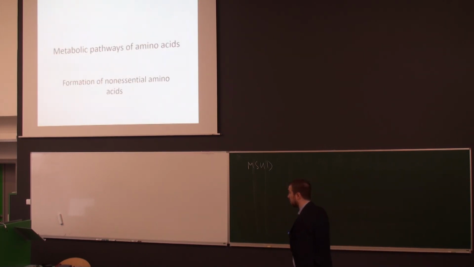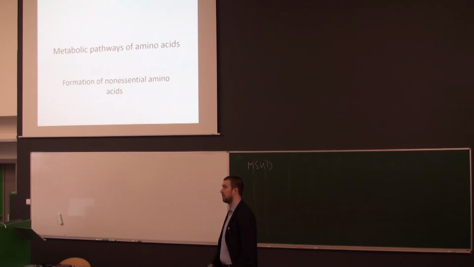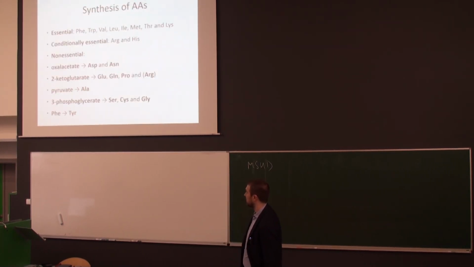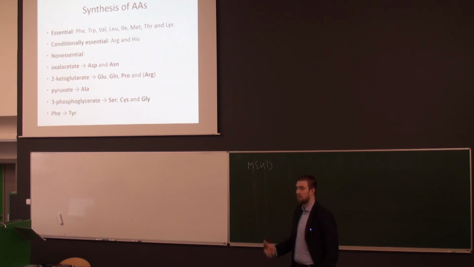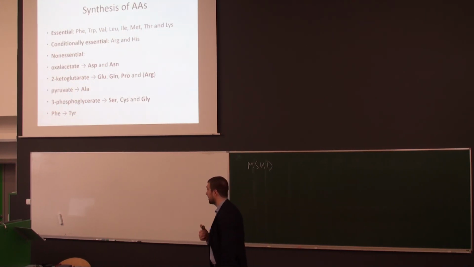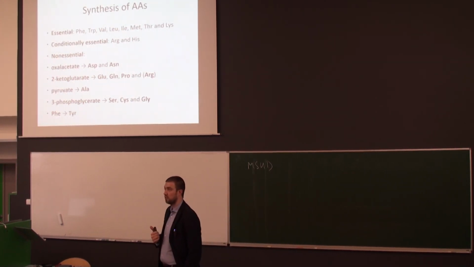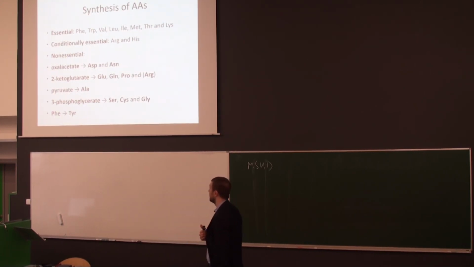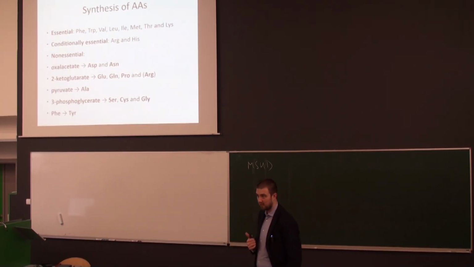Second part is the formation of non-essential amino acids. Before we look at them, the first important information is that we cannot produce essential amino acids. So in the test you can meet variations of the questions, for example, that valine is produced from pyruvate.